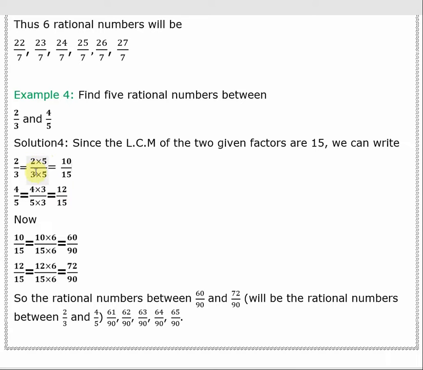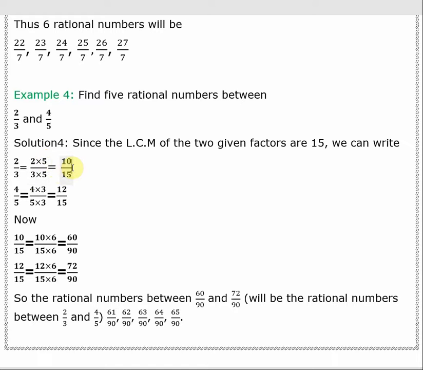The 2 by 3 value will not remain the same. That we cannot do. That's why to compensate this multiplication, we have to multiply the numerator also with the same value. So 2 by 3, 3 is multiplied with 5 here, so 2 is also multiplied with 5.